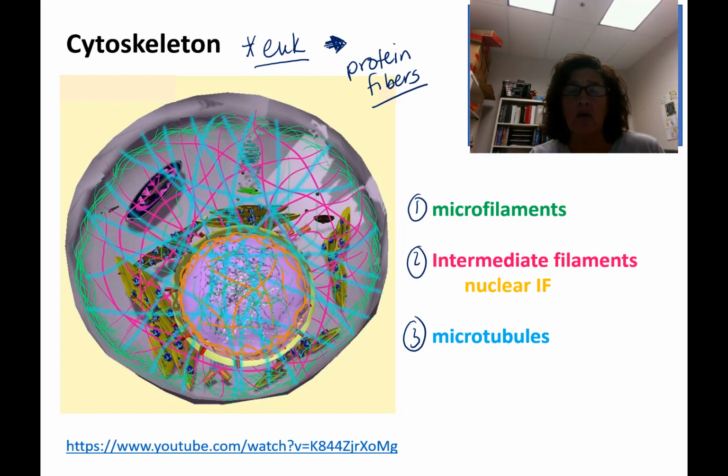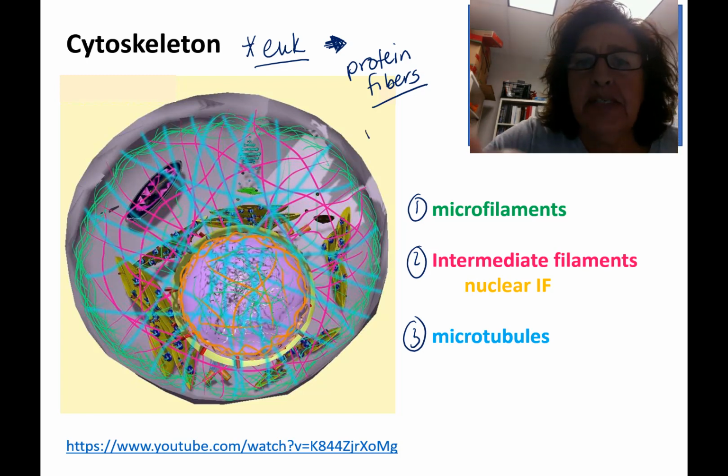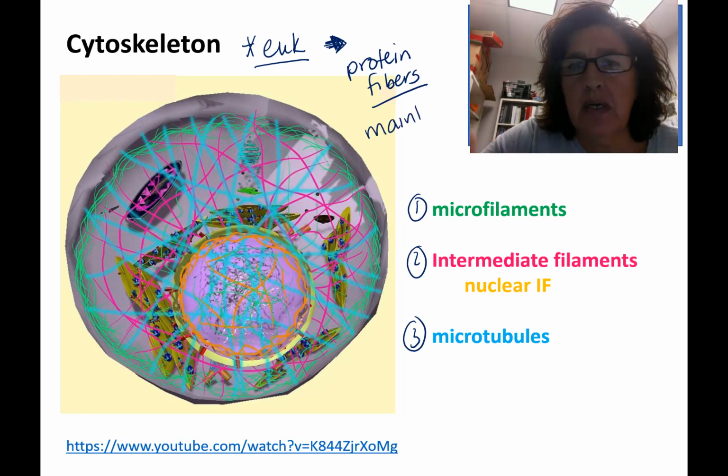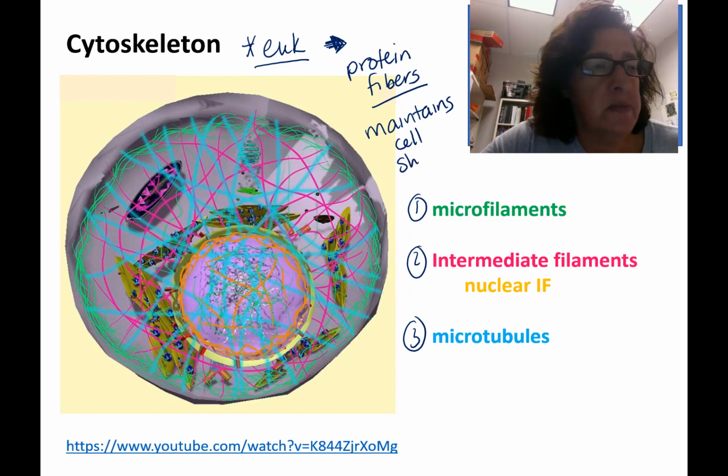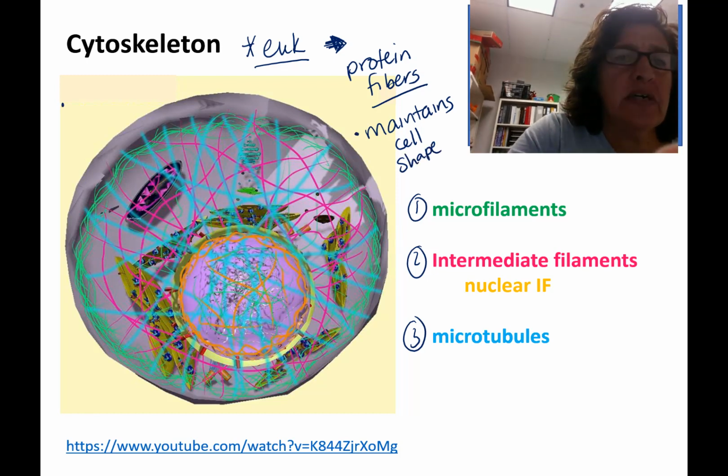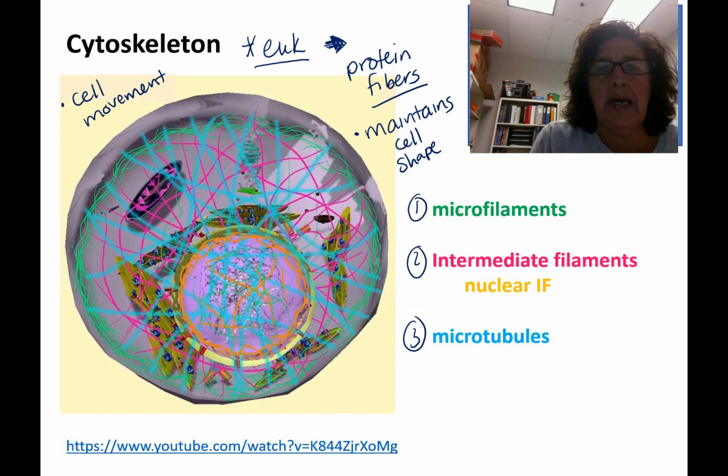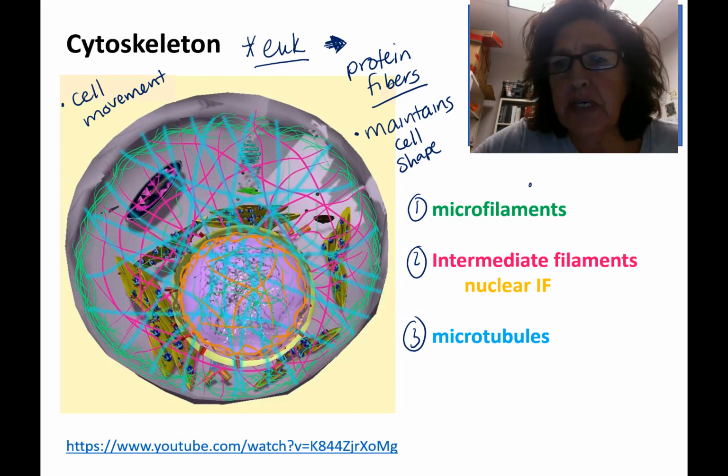But in general, what the cytoskeleton does is it maintains the cell shape. It helps for cell movement. And it just kind of keeps everything organized.